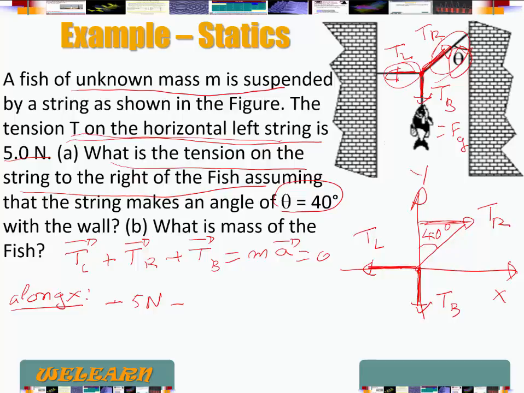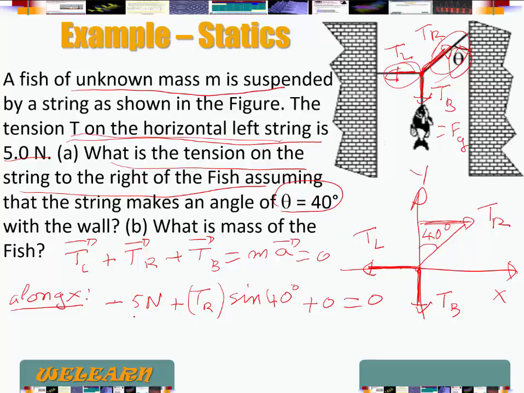Notice that it is opposite to the 40-degree angle. So it's going to be plus TR, the unknown that we need to find, sine of 40 degrees, since it's opposite to the 40-degree angle. And TB has no x component, so that's 0, equal to 0.